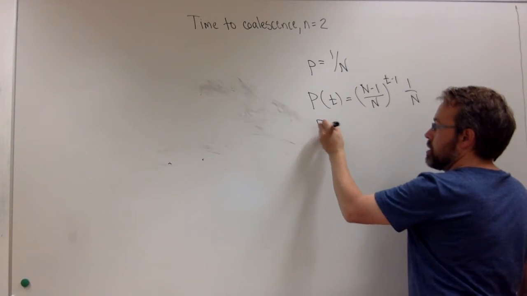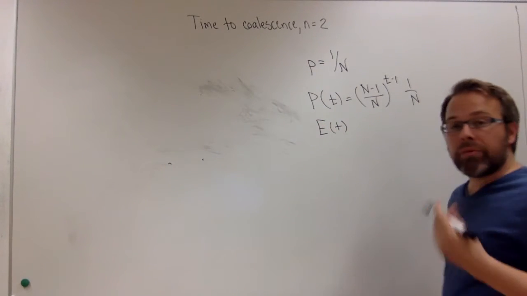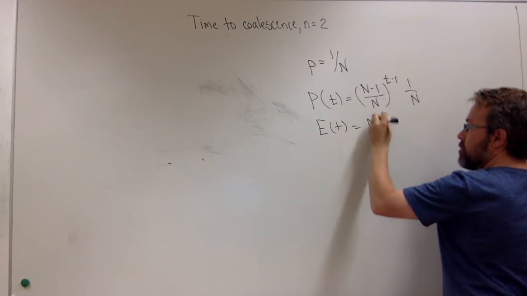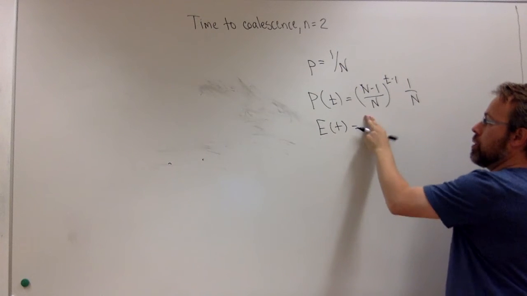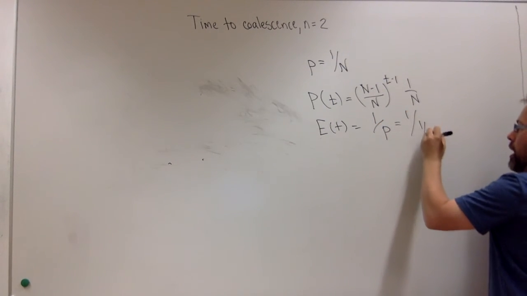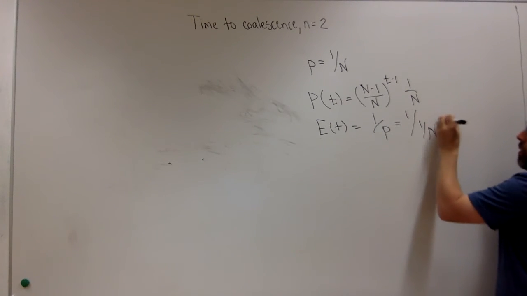And the expectation, on average, they coalesced n generations ago, or 1 divided by p, which is equal to 1 divided by 1 over n, which is equal to n.